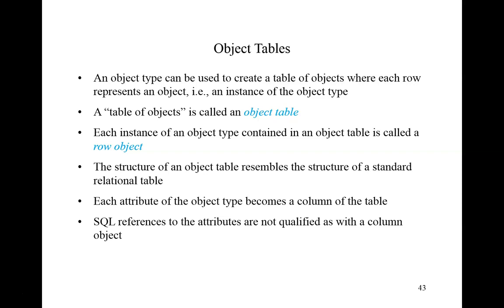The structure of an object table appears to resemble the structure of a standard relational table. Each attribute of the object type becomes a column of the table. SQL references to the attributes are not qualified as they are with a column object.